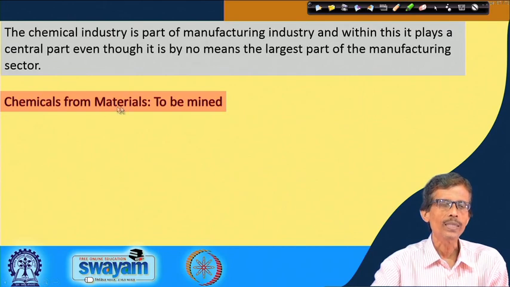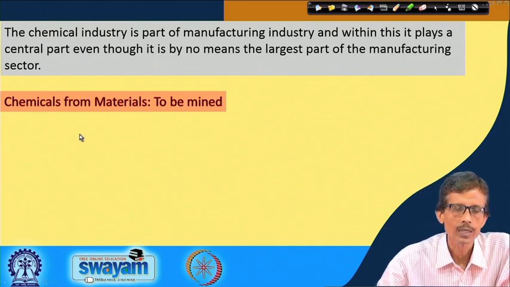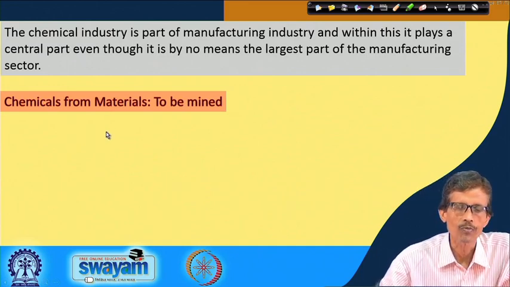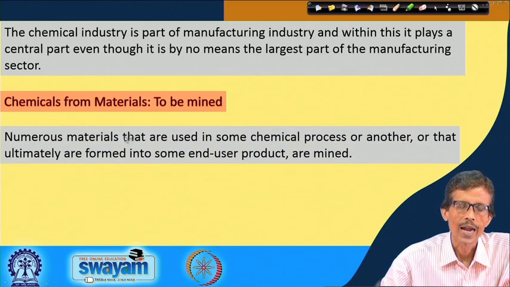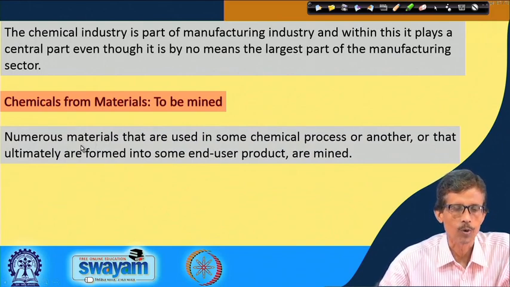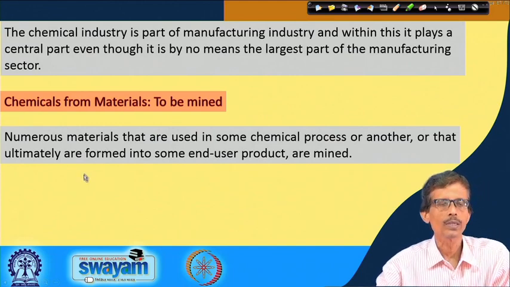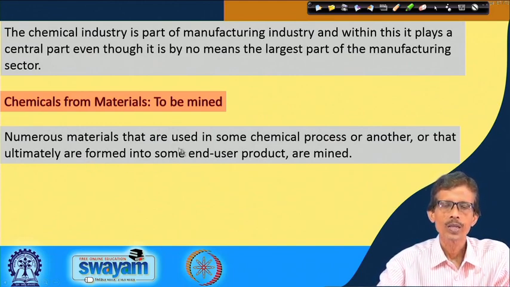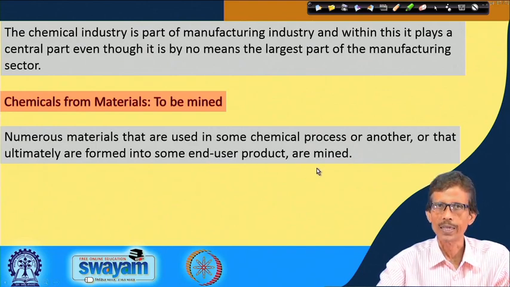So, the materials giving us the different types of sophisticated other products are basically obtained from mining, and these are typically the natural products. A large number of materials which can be used for chemical processes, or that ultimately are formed into some end user product, are mined.